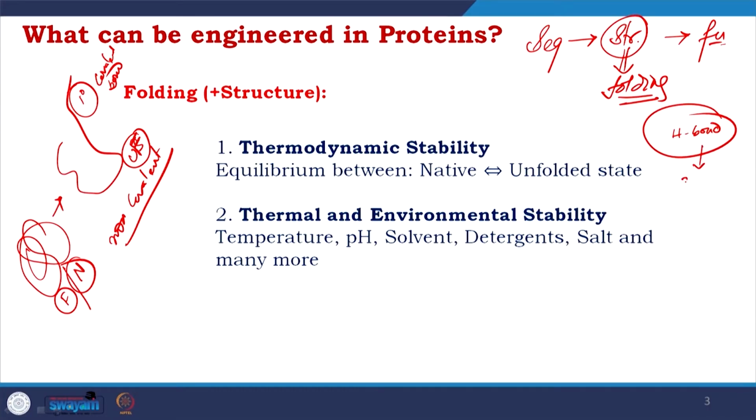Hydrogen bonds are non-covalent bonds present in proteins in large numbers. Whether they are forming or not forming has a huge role in the stability of the protein.